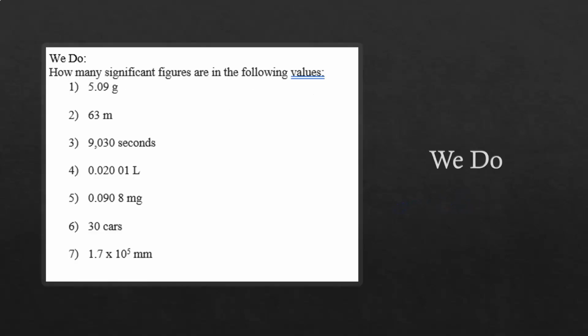Okay, for the we do, you are going to scan the QR code and watch it. Please note that they may call the trapped zeros sandwich zeros, so pay attention to that. They mean the same thing.